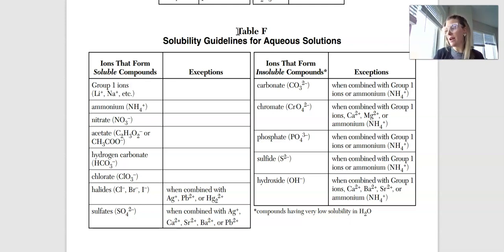Looking at ions that form soluble compounds, we note that we do in fact have halides here, which does include bromide as an ion. So bromide is always soluble unless it is paired with silver, lead, or mercury. So we are looking for one of our answer choices to be silver bromide, lead 2 bromide, or mercury 2 bromide.